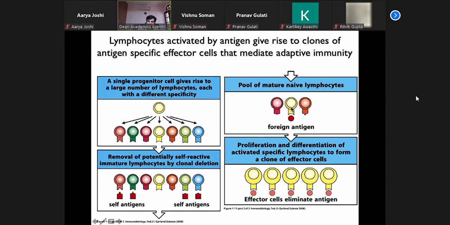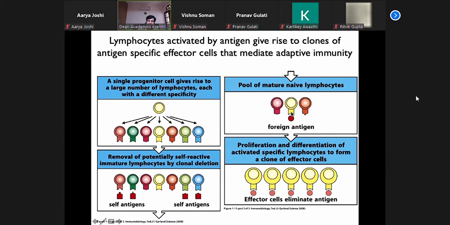You are expanding the number of those clones because you have encountered this particular antigen, and it needs to be removed from the system. This is carried out either by surface recognition of the antigen by your T cells, or by the secreted product.